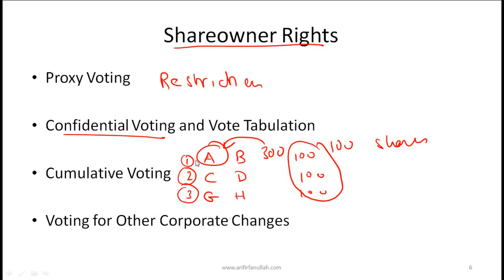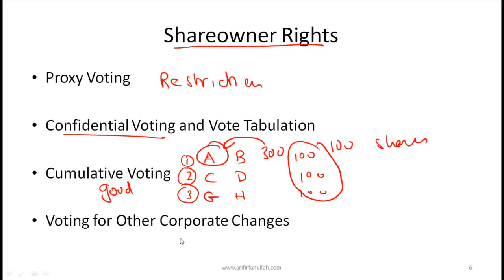So this generally is good for shareholders, especially small shareholders, because they can have a higher impact. The only thing we need to watch out for is if a given family has an ownership in a company, they might use this to get their way. But by and large, cumulative voting is good for shareholders.